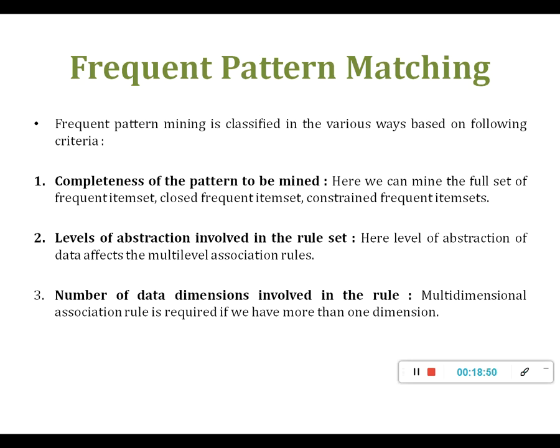Then how my data is represented, whether one dimensional, two dimensional or multi-dimensional. If the data is multi-dimensional, I have to design a multi-dimensional association rule, because simple association rules cannot be applied on multi-dimensional data.